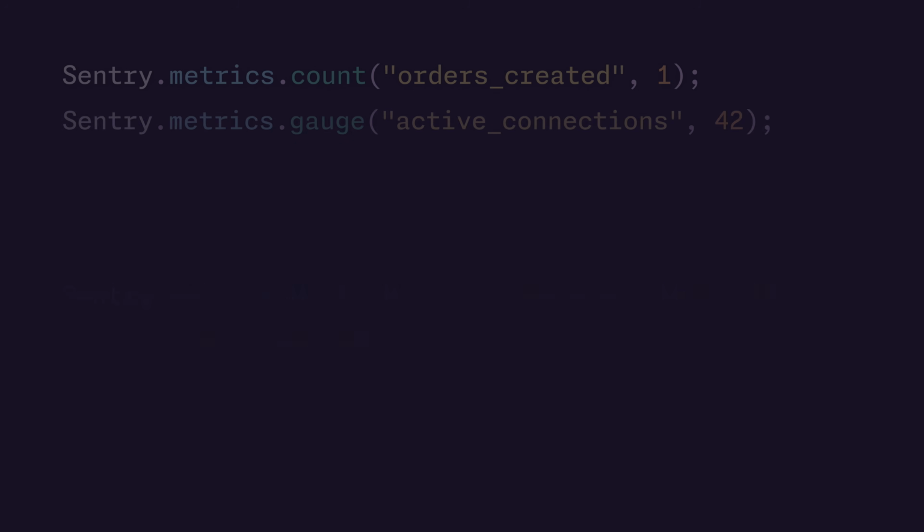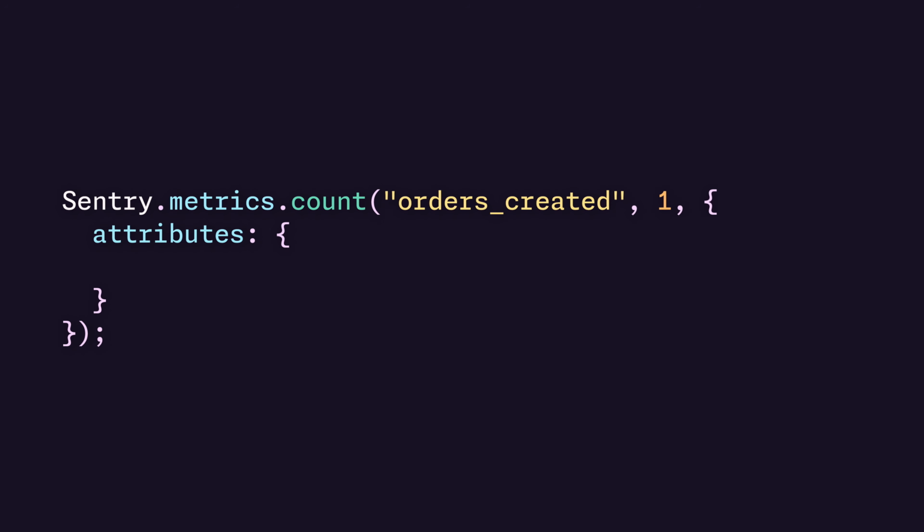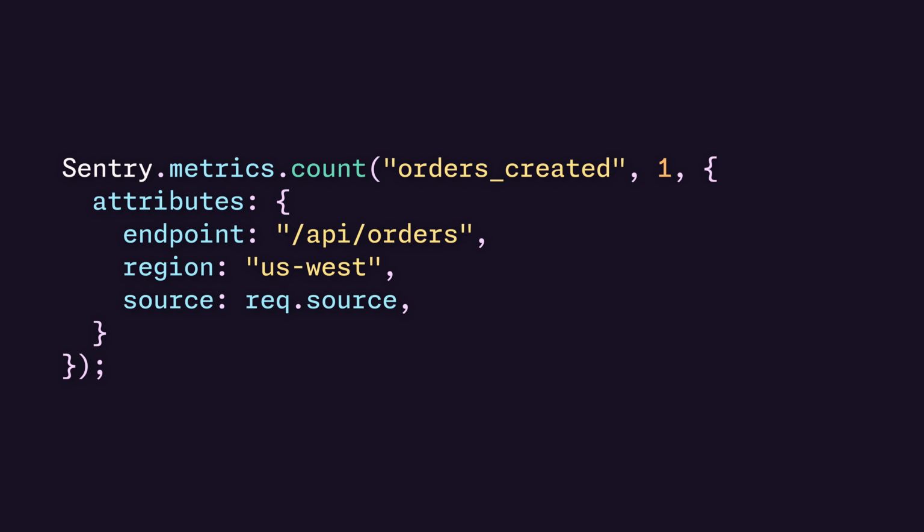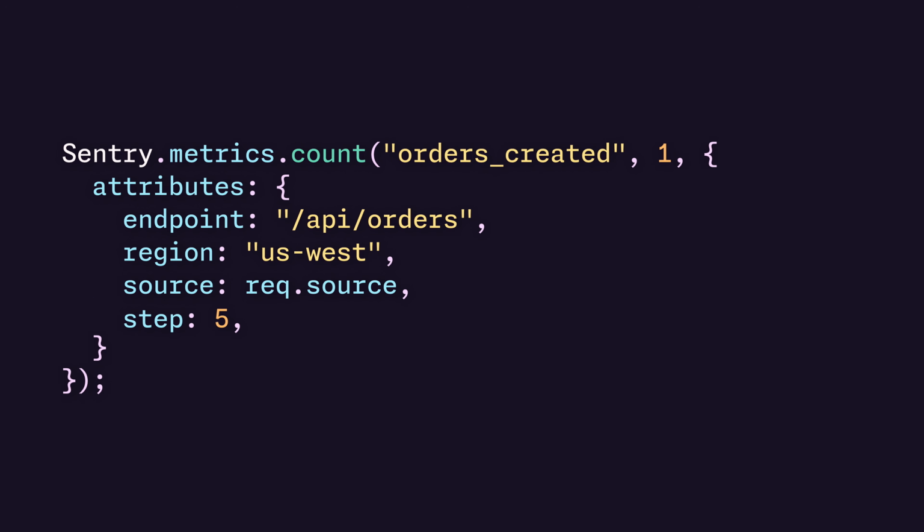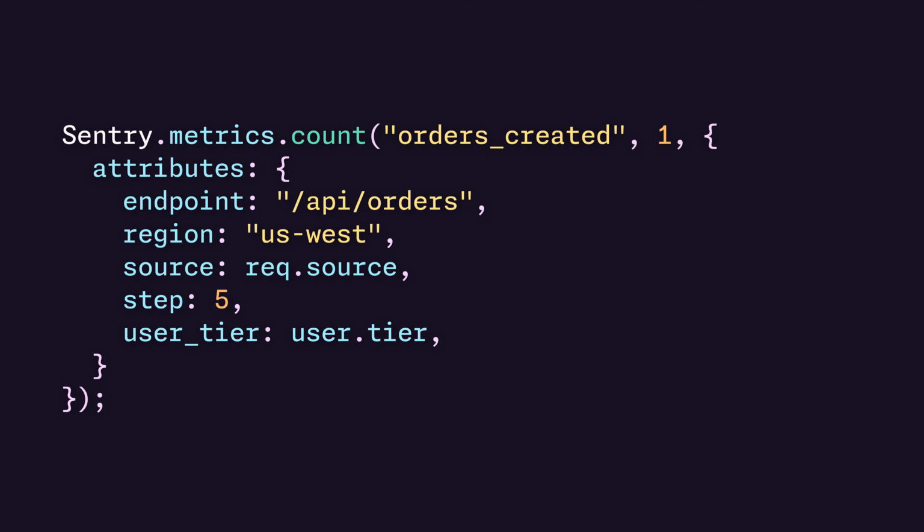The part that makes these more useful later is attributes. Attributes are just key value pairs that let you filter or group the metric after it lands in Sentry. That might be an endpoint, a region, the source of an action, the current step in a flow, or user tier, whatever context makes the metric easier to understand later.